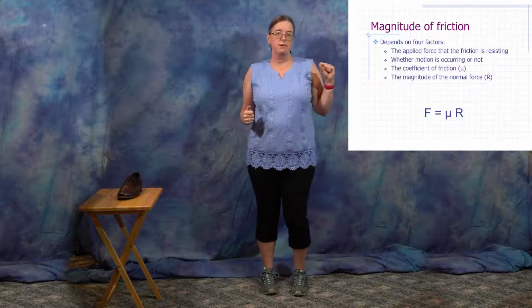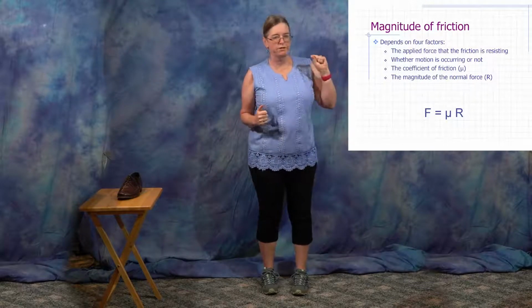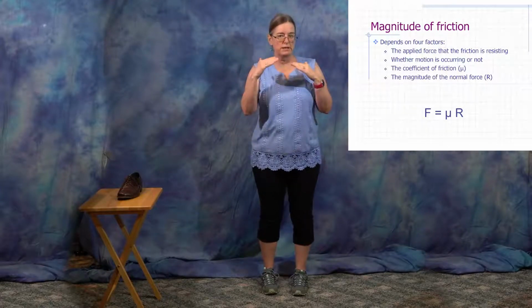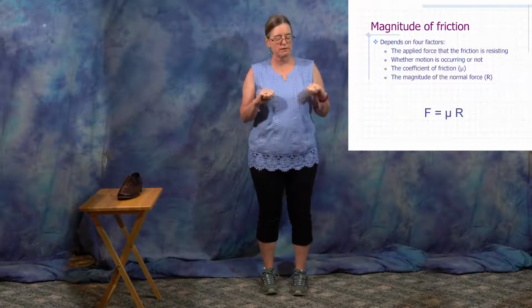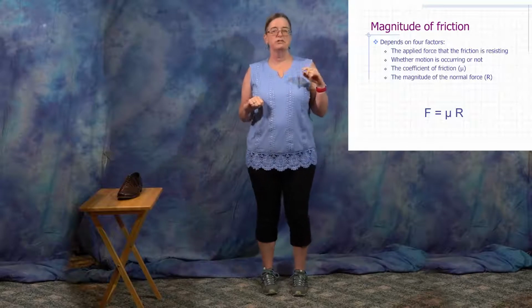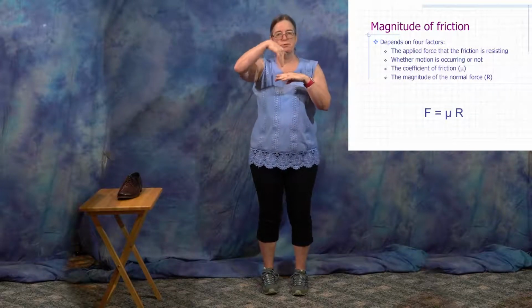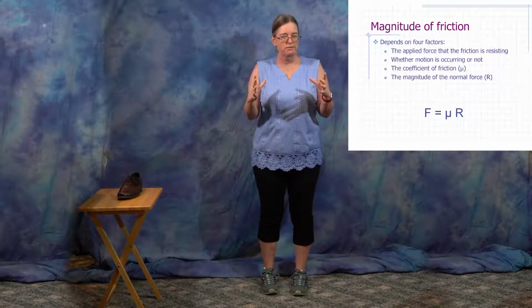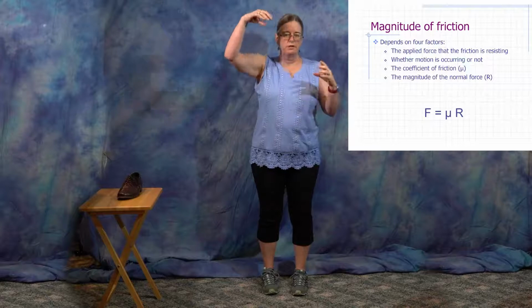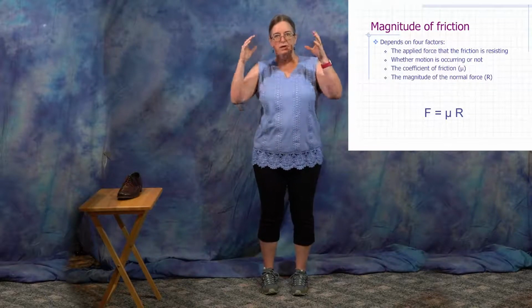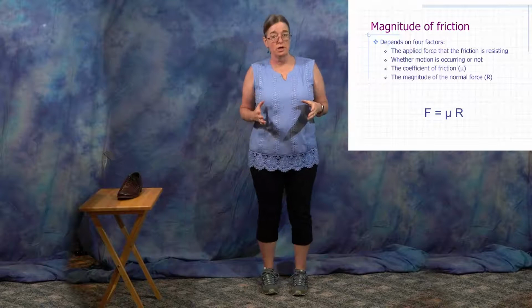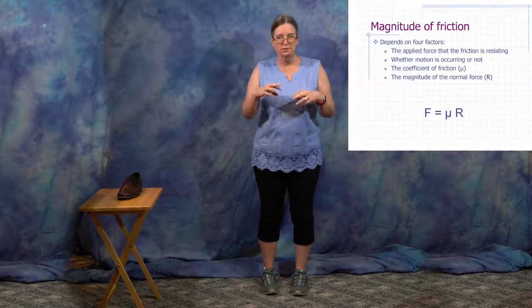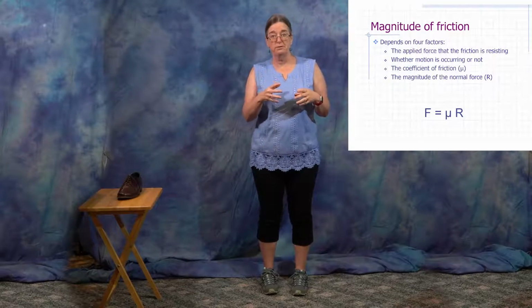And then it also depends on this thing called the coefficient of friction. And there's two different types of coefficient of friction between each surface. We'll talk about that. And the magnitude of the normal force. How much is pushing down? Reality is, you take the same box and in one version of the box, you fill it with very lightweight foam cubes.